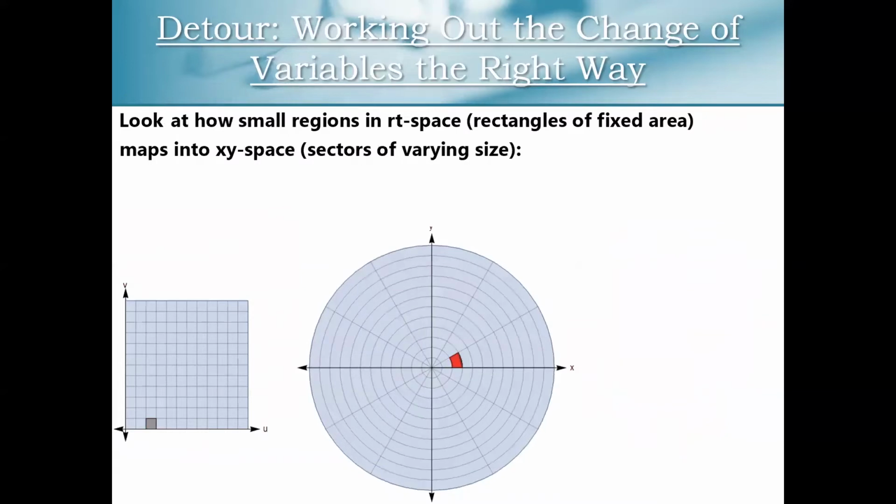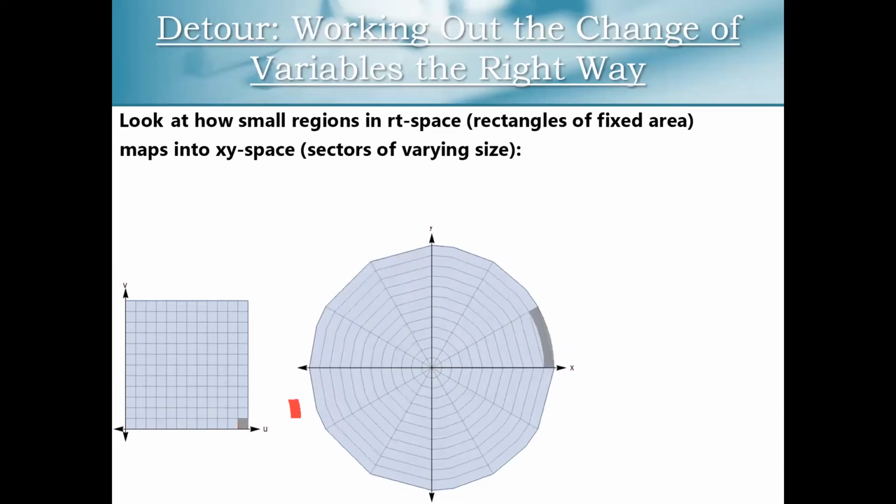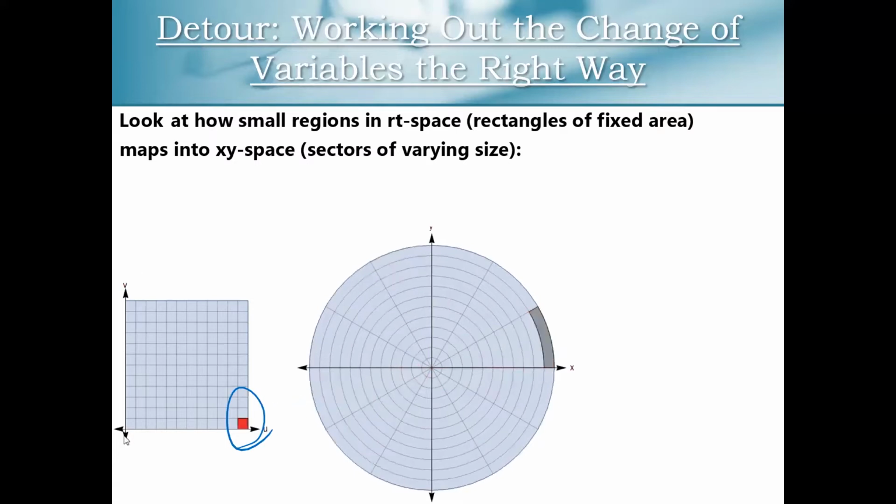All right, so now let's think about what's happening here as we map between our RT space and our XY space. So we have something interesting happening. Look at this mapping here. I have a few examples of rectangles of fixed size in my RT space, and then the little sectors that they map into in XY space. So look at this.